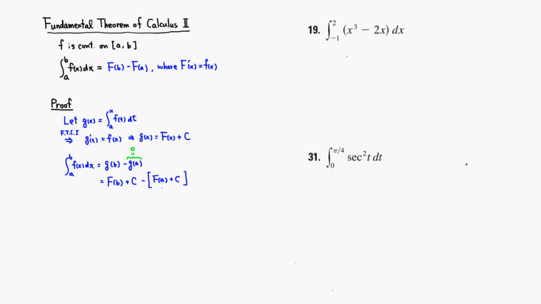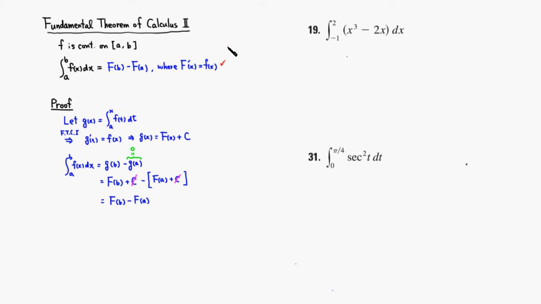So we can cancel capital C minus capital C there, right? So what you get is capital F of b minus capital F of a, and that is the fundamental theorem of calculus, part 2.